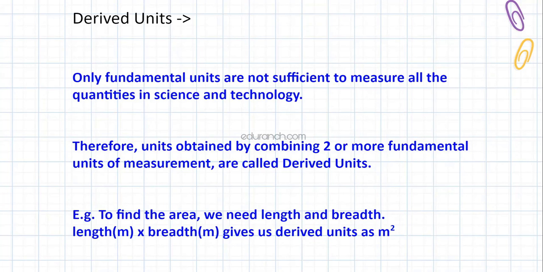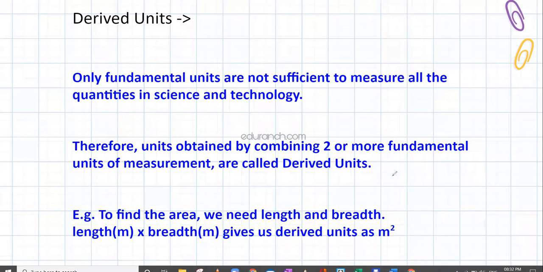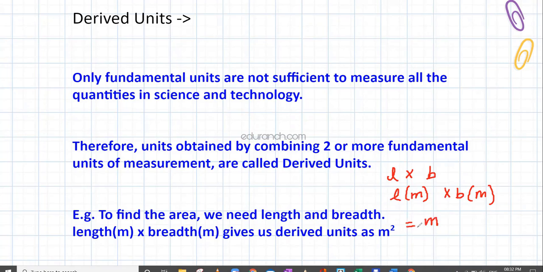As I have already discussed, to find the area, we need the length and breadth both. Otherwise, we cannot find the area of that object or shape, right? So to find the area of an object, we need L, which stands for length, and B, which stands for breadth. Now both this L and B should be in the same unit. Then we multiply both, and let's take an example.